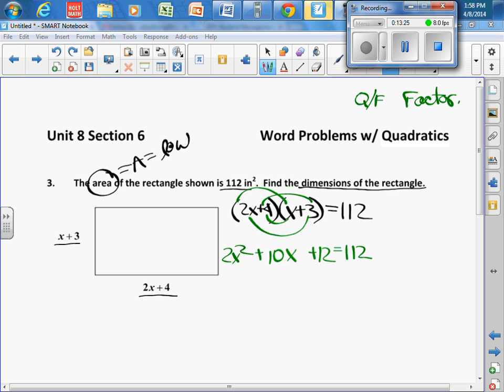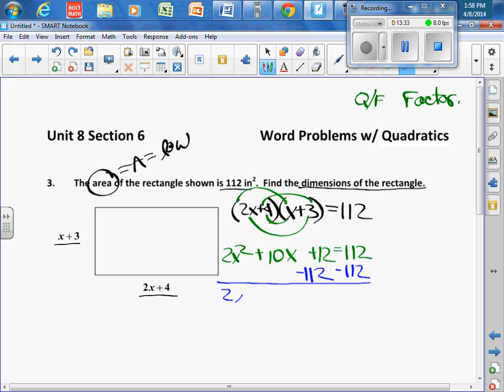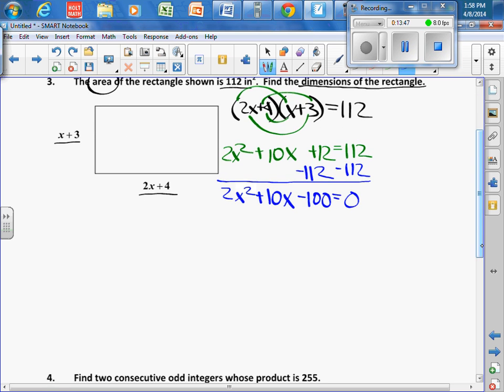So what do we do? Well, you need 0 on one side, so let's subtract 112 from both sides. So I'm going to have 2x squared plus 10x plus 12 minus 112, which is minus 100, is equal to 0. What's going to make this a little bit easier to factor, if it can be, right?